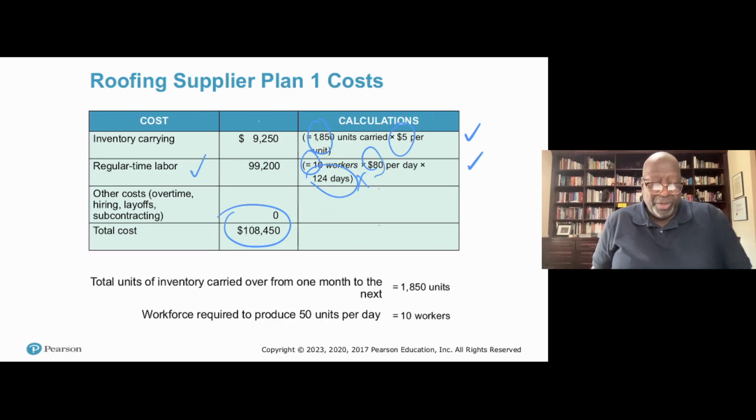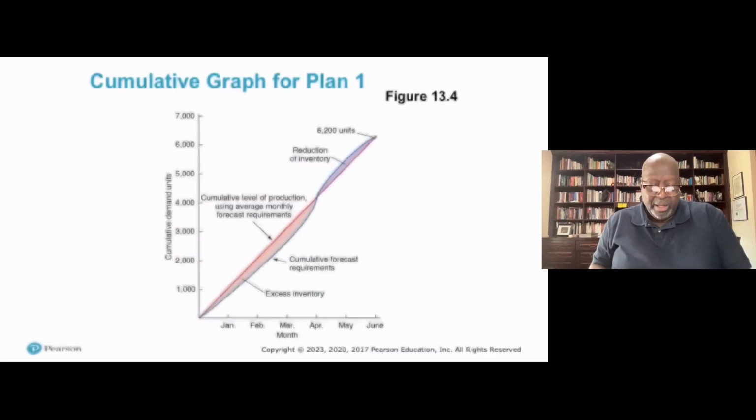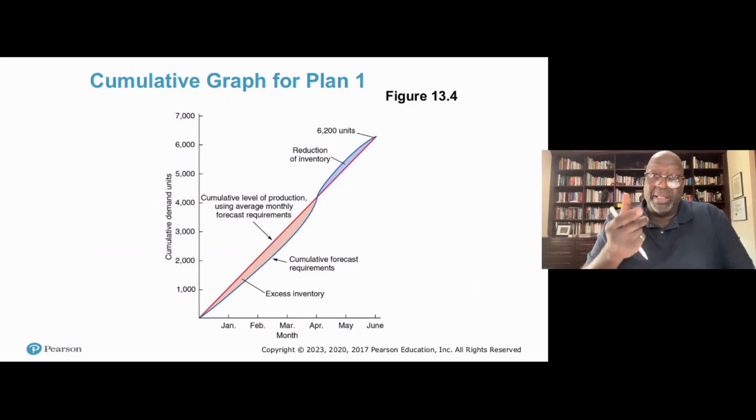So coming up with the plan could be a bit of trial and error, but you could actually use Excel and Solver in Excel to help you find the optimum quantity that you need. Okay, so this is just showing you a graphical representation.